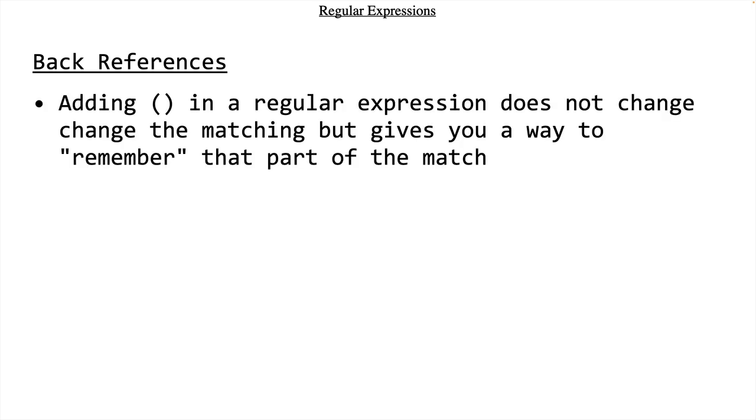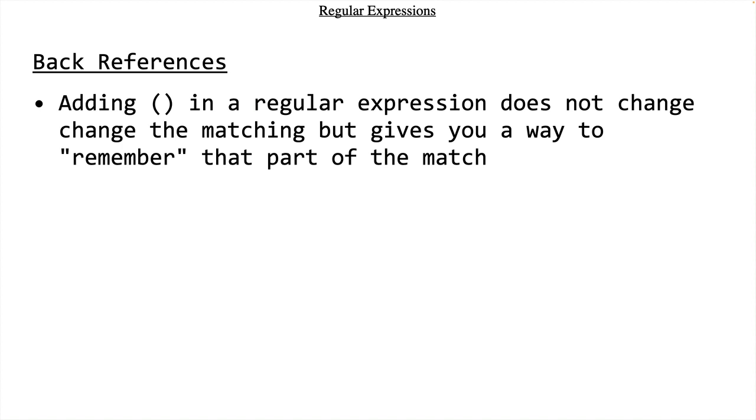Now, I mentioned back references before, and basically in the case of back references, adding a set of parentheses around part of the regular expression is basically ignored and doesn't change the matching part of this. But what happens is after a match occurs, what's inside those sets of parentheses is remembered.